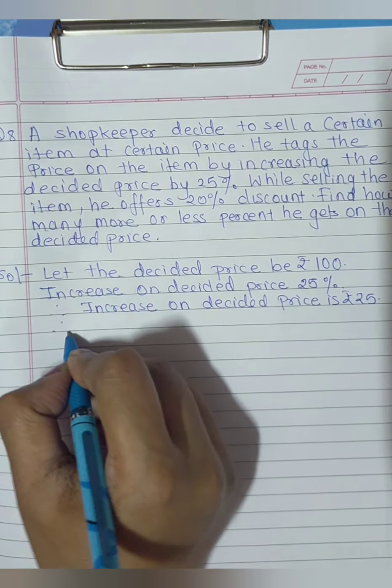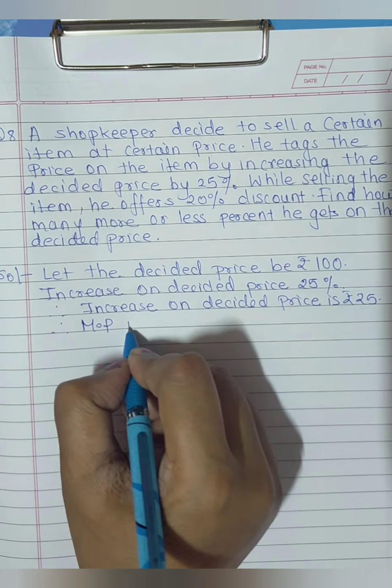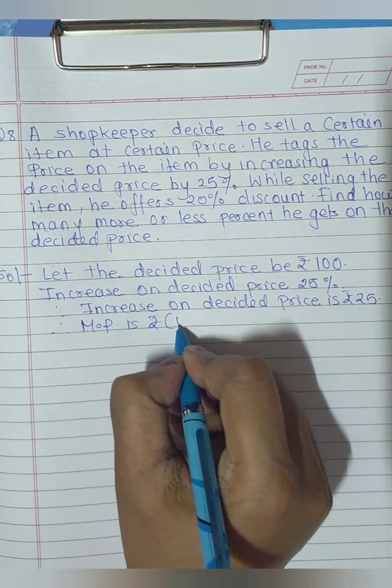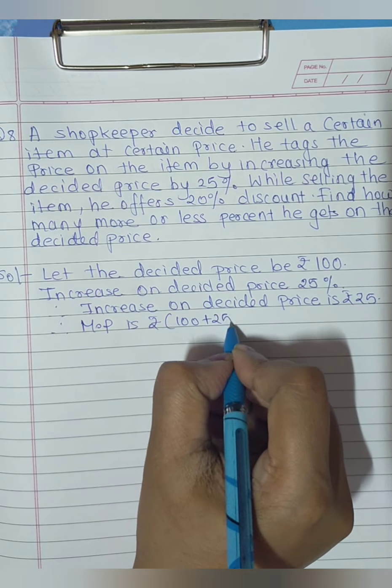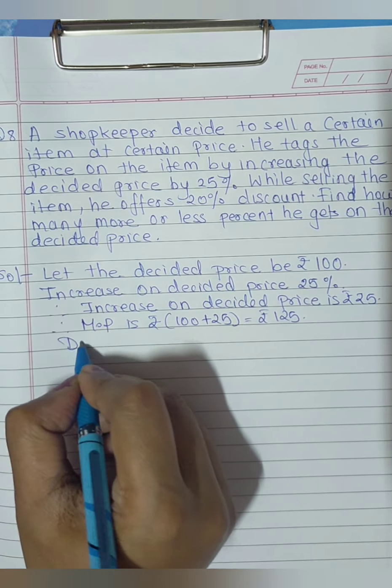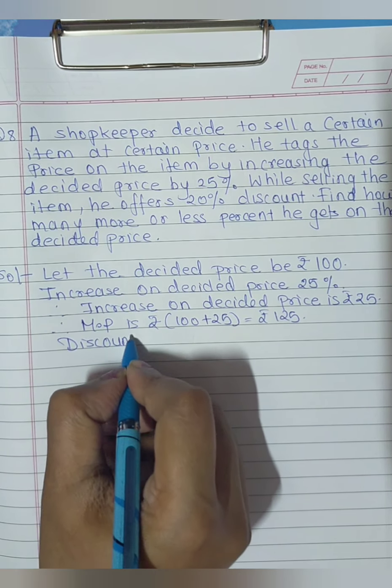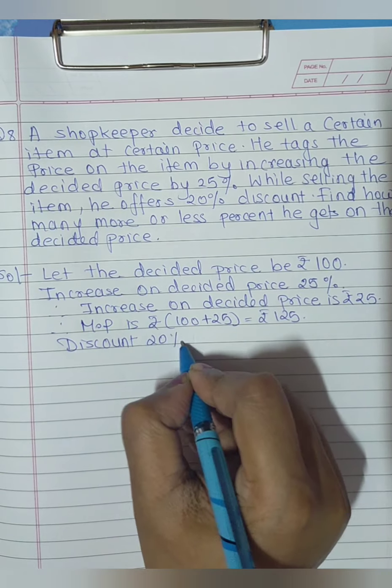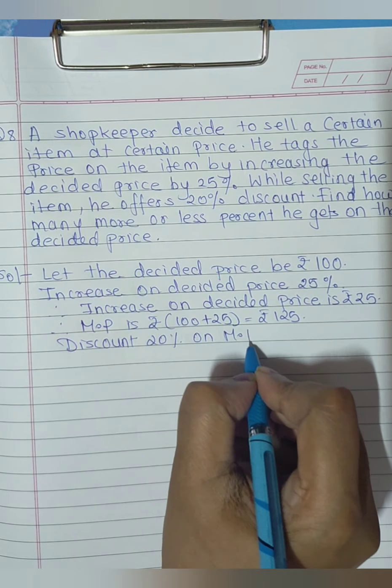Okay, so therefore the mark price is rupees 100 plus 25 equal to rupees 125. Now discount 20% on mark price.